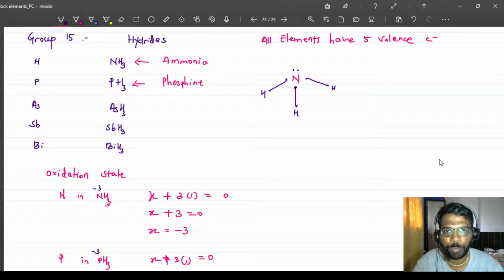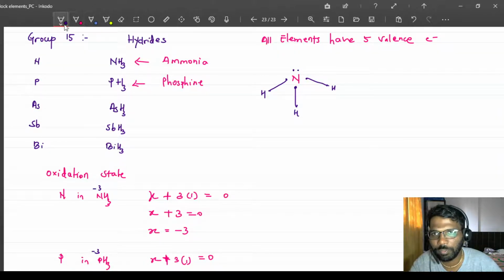Now with respect to the physical properties of these compounds, here the oxidation state of bismuth is an exception. Physical properties means smell.